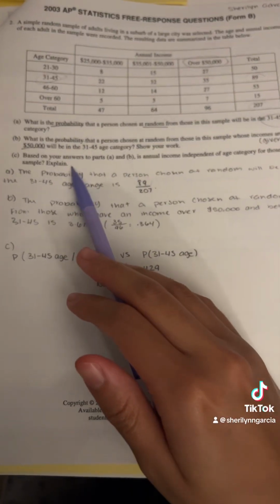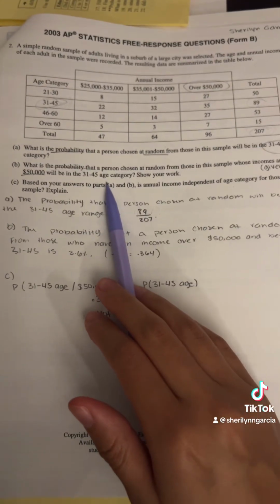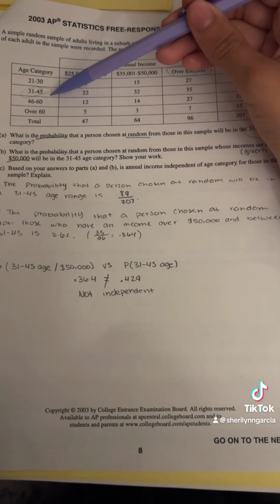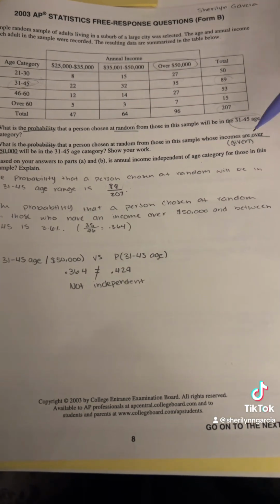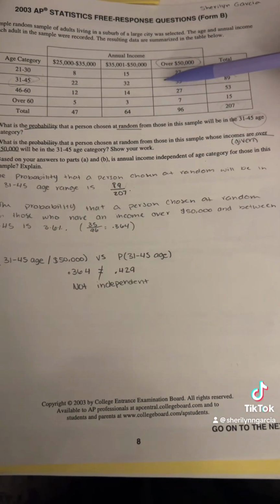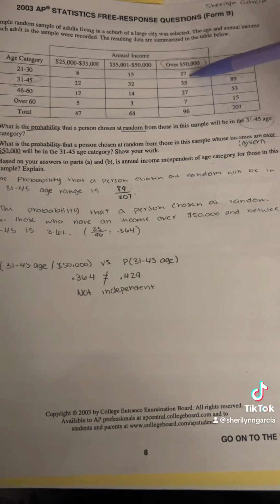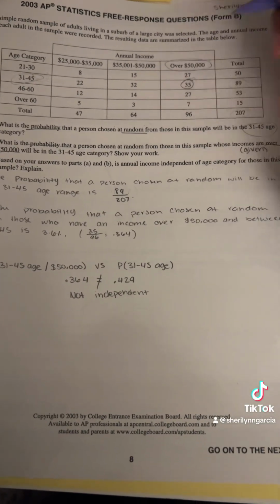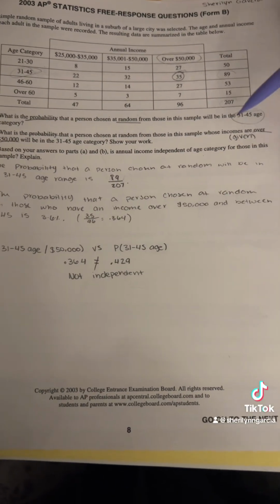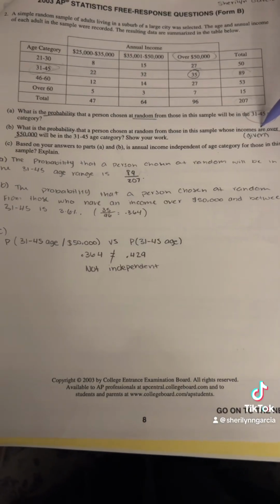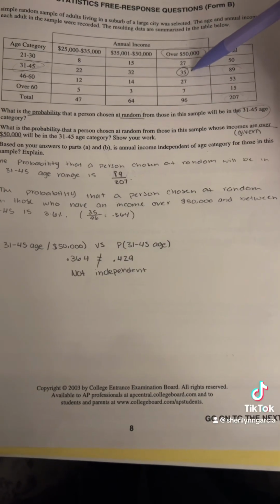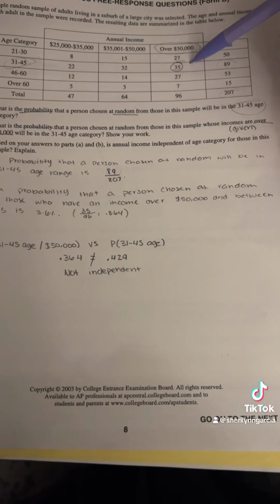And you're trying to find out the 31 to 45 age category. So we're going to look at the 31 to 45 age category, and it says over 50,000. So we're going to go over here, over 50,000. So that's going to be 35. But remember, since we said that incomes over 50,000 is the given, we're going to put this number over this number.